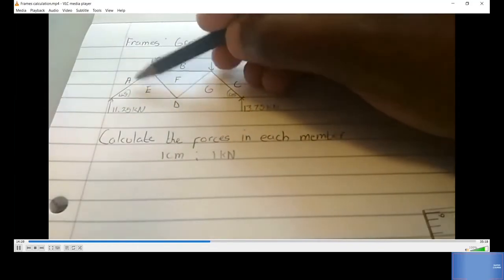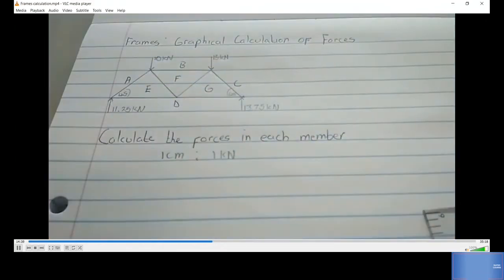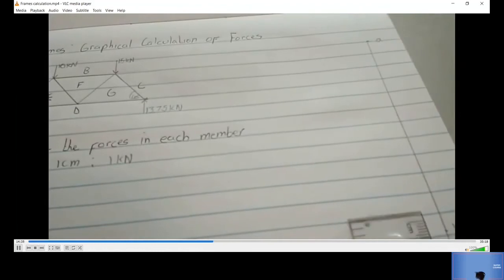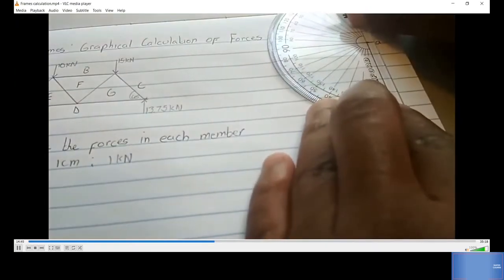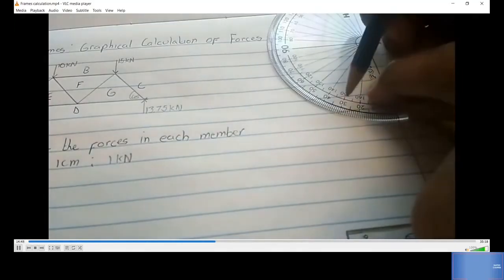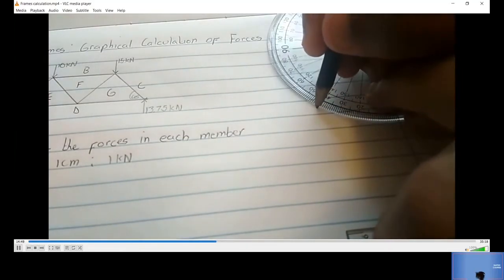Okay, from A to E, we see that the force is on a 45-degree incline or decline starting from top. So we know where A is, we do not know where E is on our force diagram. So on top is 45 degrees, so we're going to measure 45 just like that. Okay, 30, 40, 45, it's right there.